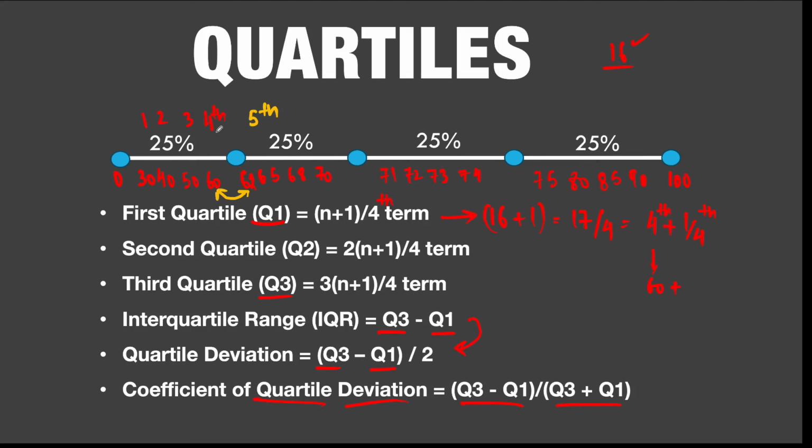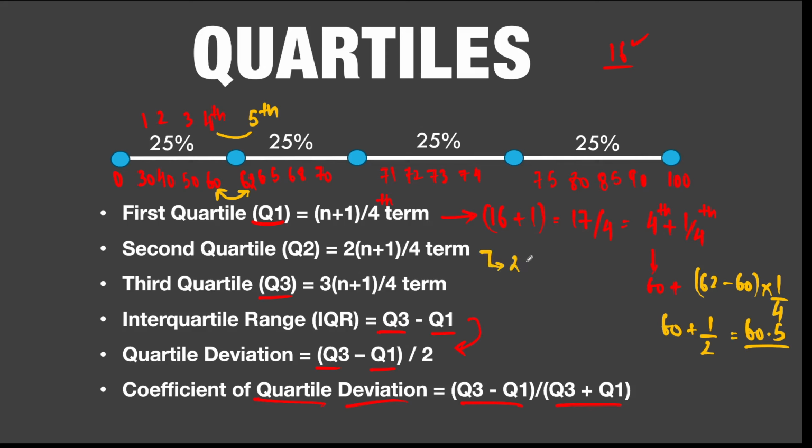What is the difference between 62 and 60? This difference is equal to 2. You have to multiply it by 1 by 4. So 60 plus 2 by 4, which is 1 by 2, and the answer is 60.5.